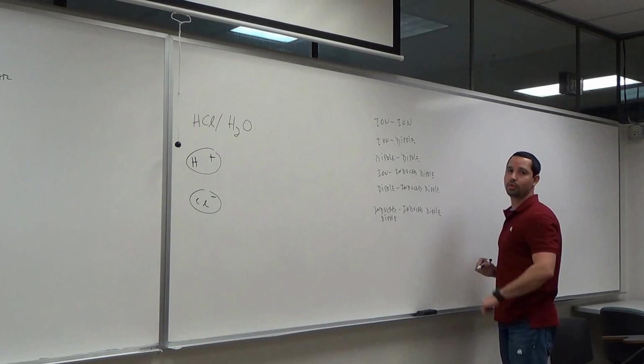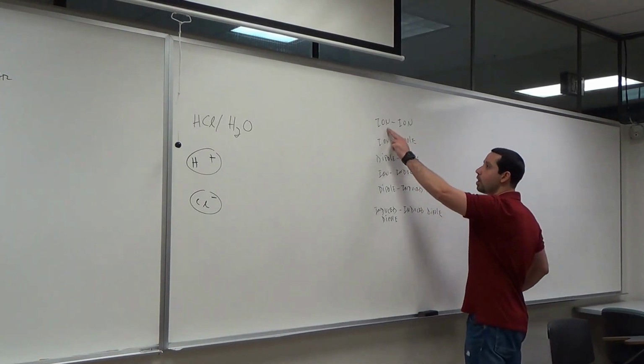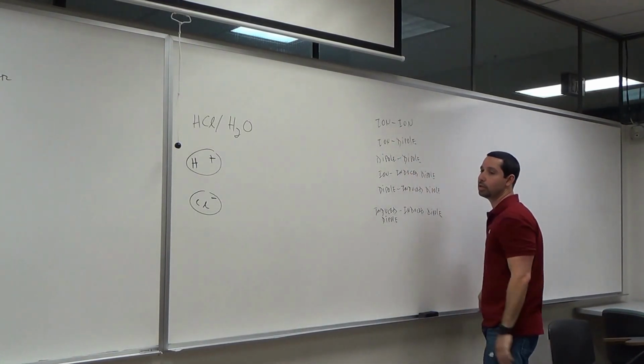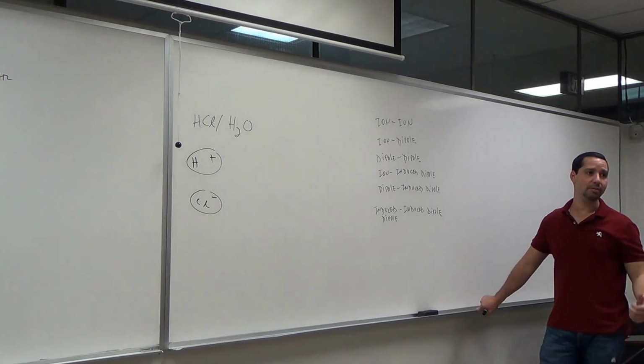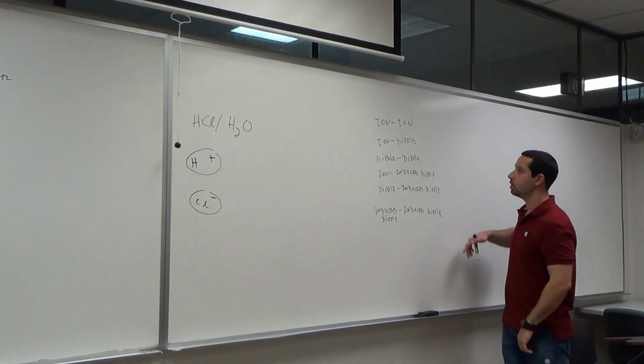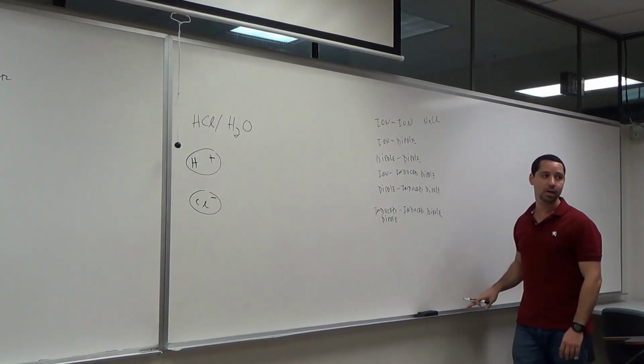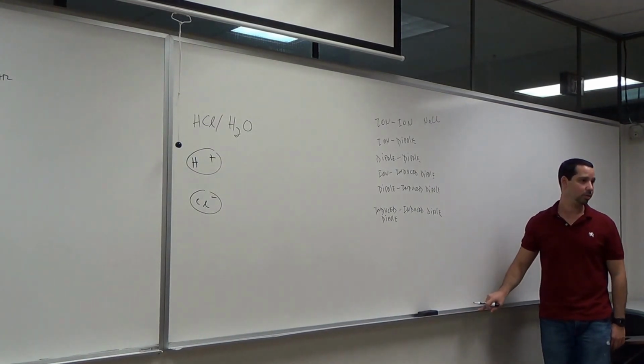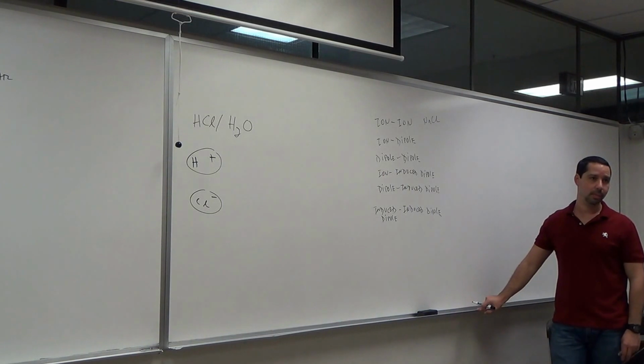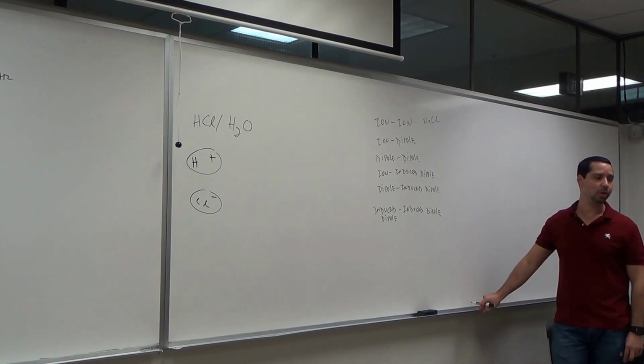And this is the order of strength. Okay, the strongest one obviously is ion-ion. Now I want you to notice that when you have ion-ion forces, you have an example. What is the bonding force in sodium chloride? What is it called? Ionic bonding.